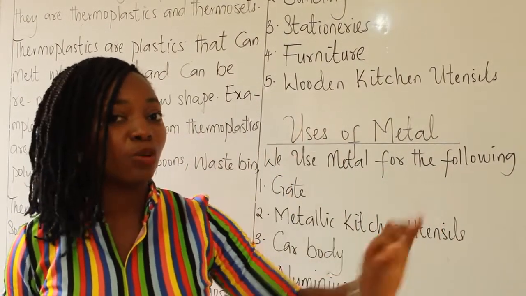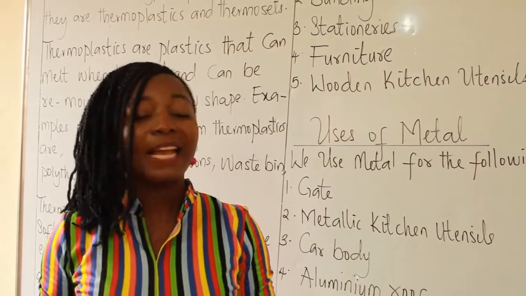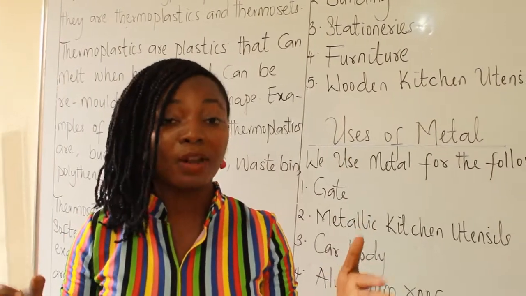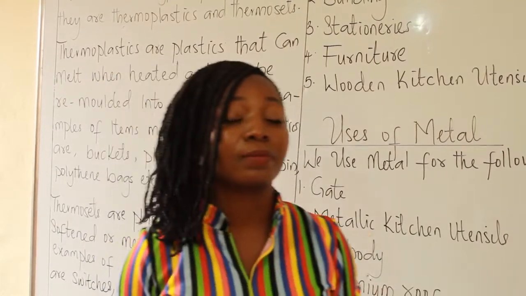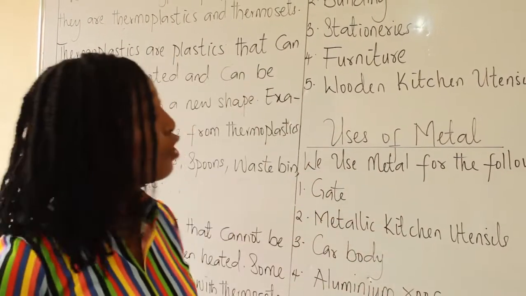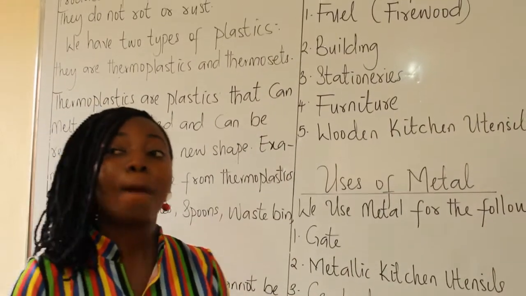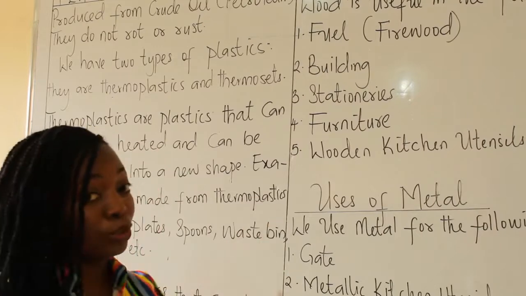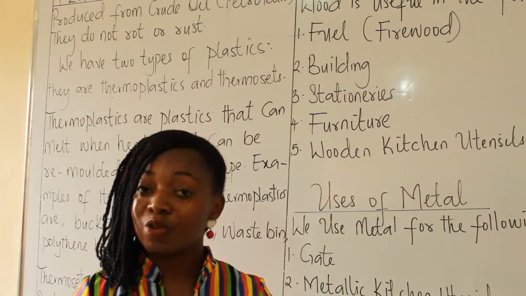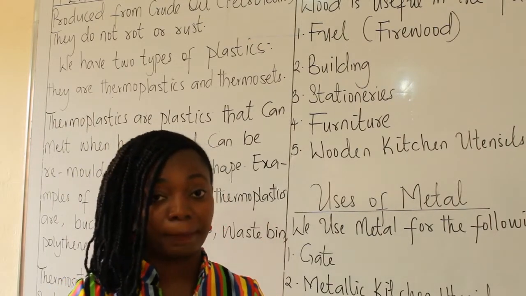It's called petrol. For example, firewood is a fuel and it's gotten from wood. Most persons living in the rural areas use firewood to cook their food, and so firewood is very important.